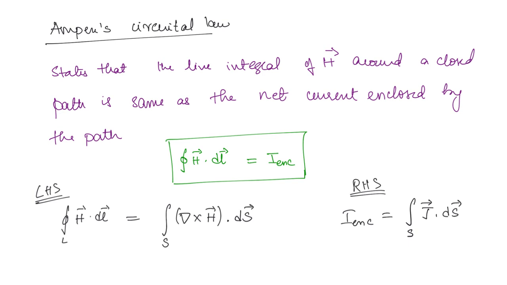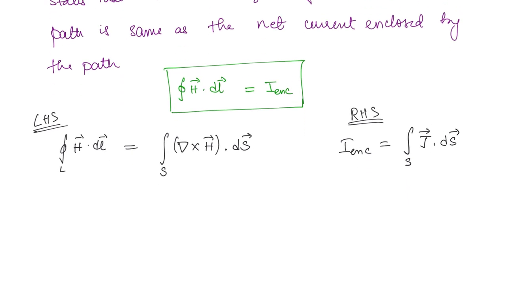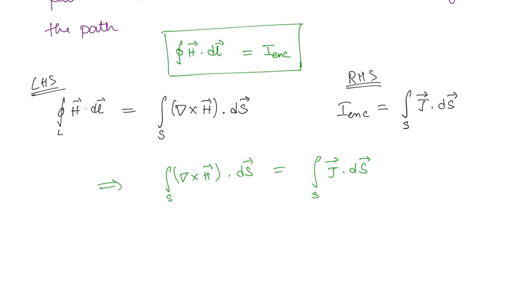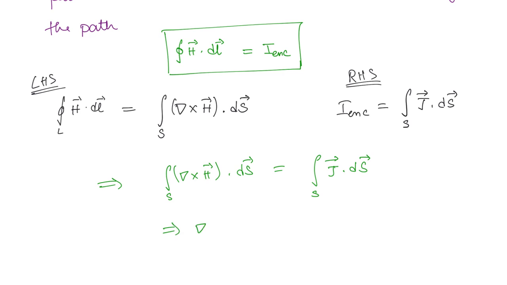Okay. So now if you equate, what will be the equation here? The surface integral of del cross H bar dot ds bar is the left hand side. The right hand side also we express in terms of the current density. So since both are surface integrals, we can equate the functions here. What are the functions? Del cross H bar will be equal to J bar.